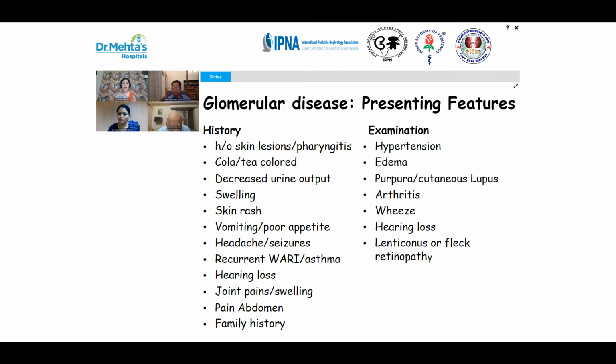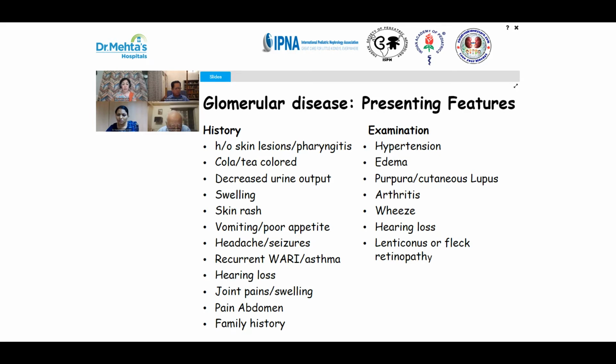If there has been vomiting or poor appetite, these symptoms, if present for a long time, may point towards a chronic GN with deranged RFTs for some time. Headache, seizures, which may be because of hypertension. A recurrent history of wheeze or asthma-like symptoms, which may be seen in ANCA-associated vasculitis, especially eosinophilic vasculitis.